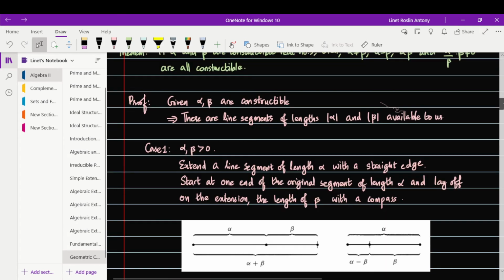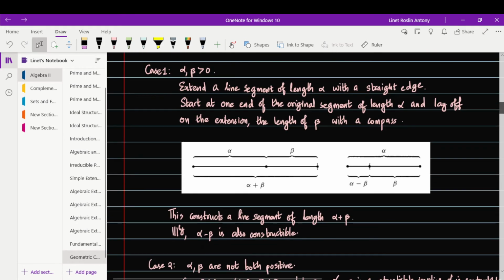Case 1 is that both alpha and beta are strictly greater than 0. In this case we know that alpha and beta are constructible, so we can draw a line segment of length alpha. You first draw a line segment of length alpha and extend it, and then using your compass, you just lay off on the extension the length of beta. Okay, so together alpha and beta will give you alpha plus beta.